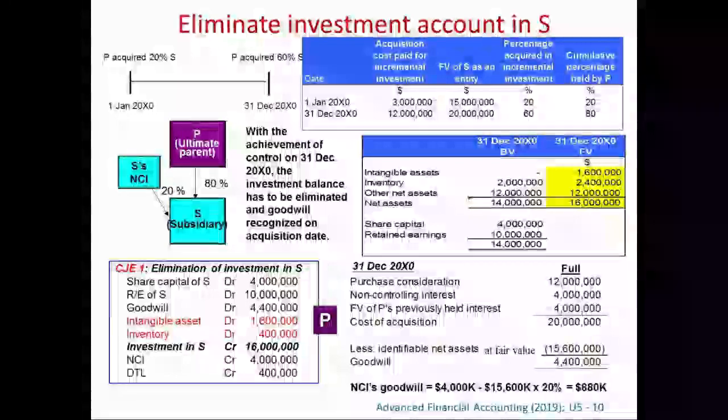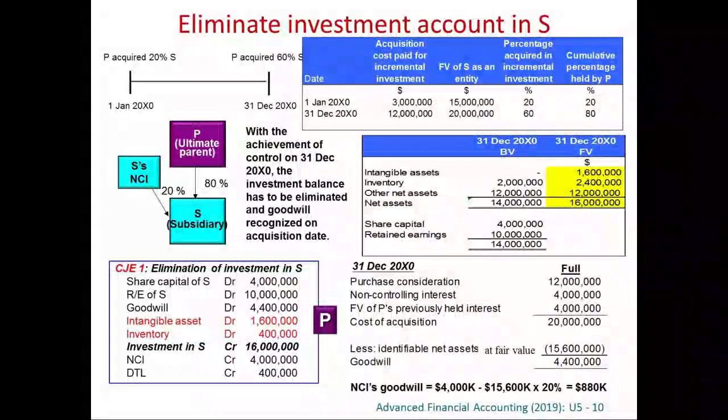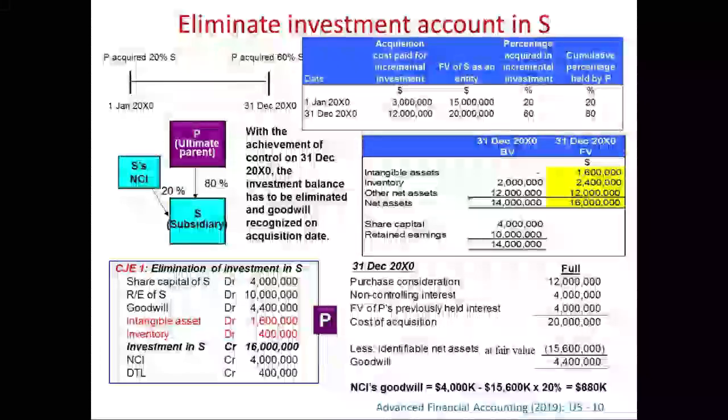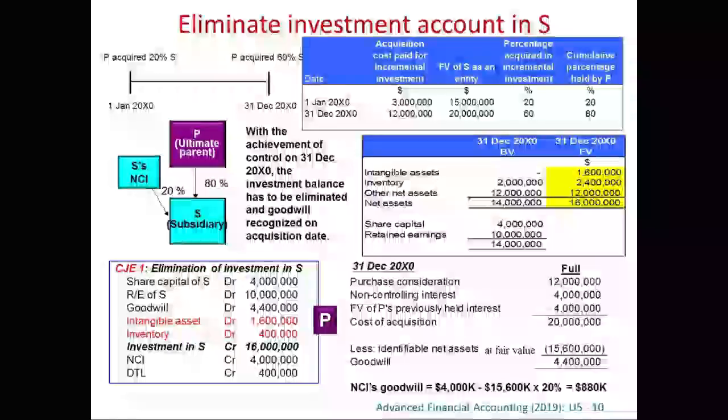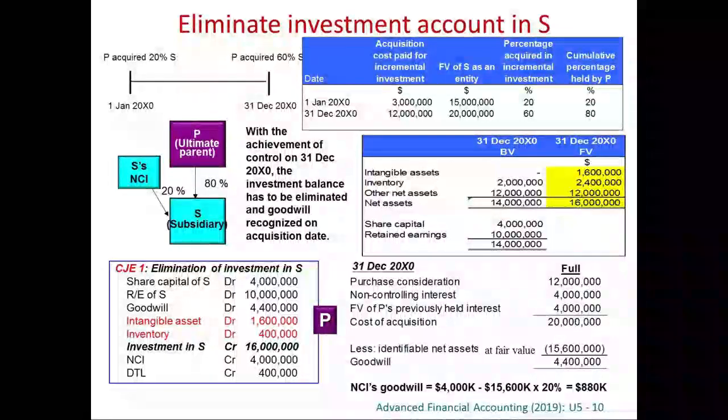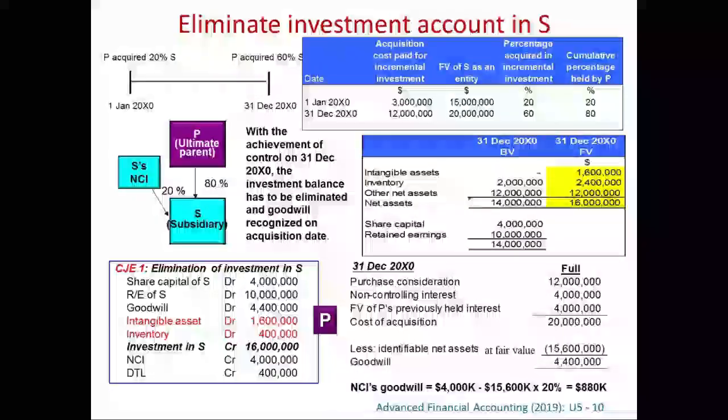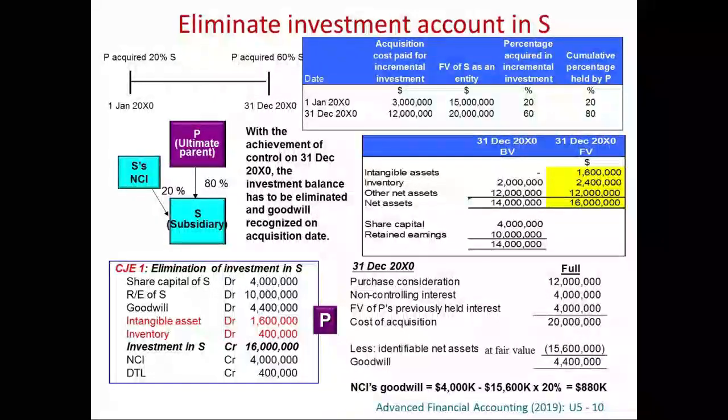Okay, so that's why the deferred tax liability should be 400,000. And therefore, the fair value of the net asset after considering the deferred tax liability will be 16 million minus 400,000. That means 15.6 million. This is the figure after deferred tax liability. So what we pay minus what we get is goodwill. Goodwill is 4.4 million.